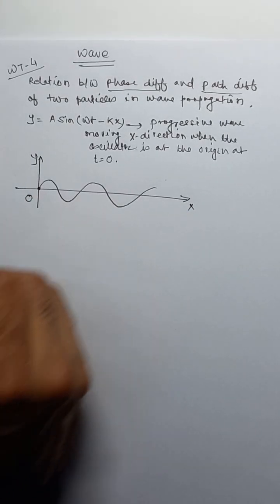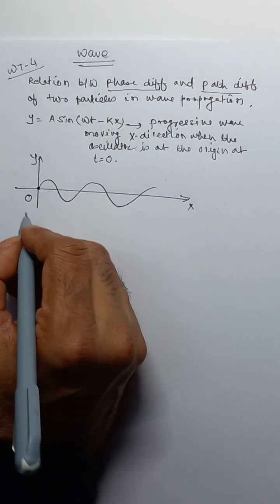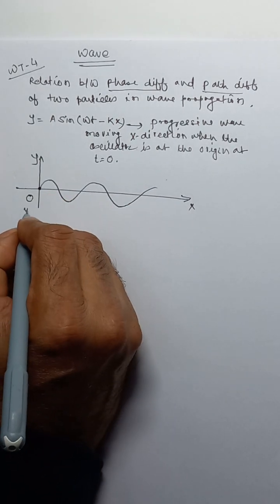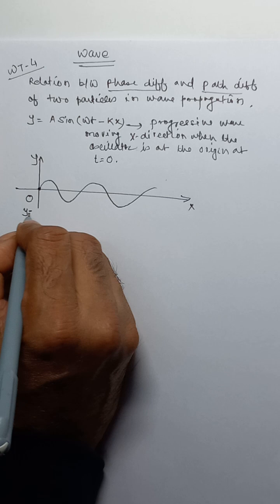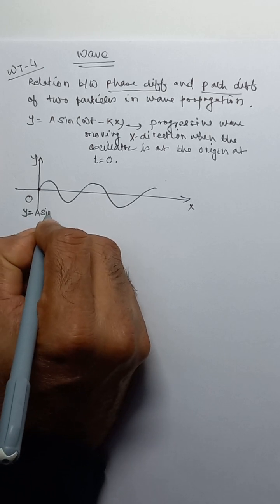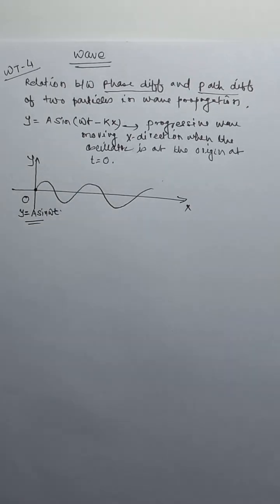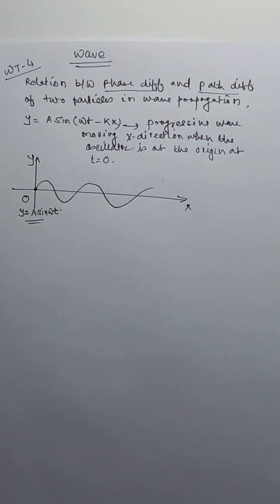A particle is at the origin and this end is vibrating simple harmonically, so its displacement y will be a sine omega t. This we have discussed in my second video on waves.